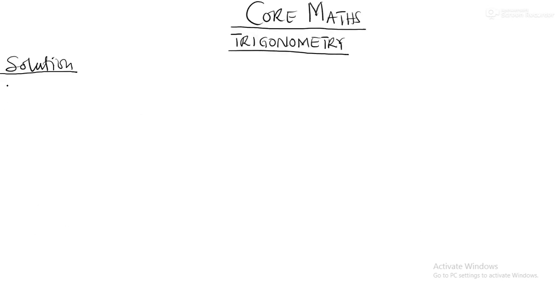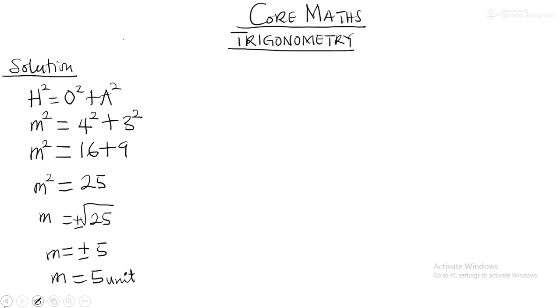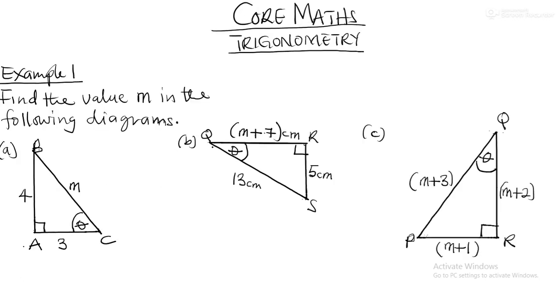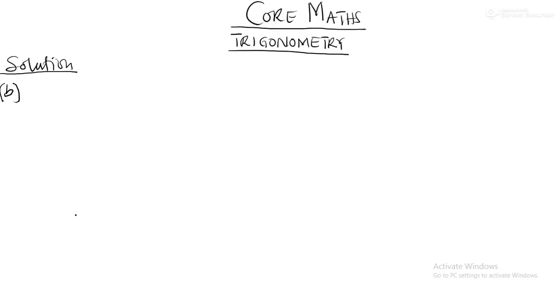Okay, so the question number is B, so always write the question number before you start. Good. So as I said, our hypotenuse is QS, and then our opposite is RS, and then our adjacent is QR. So that is what we are going to use before we substitute, right? Good.